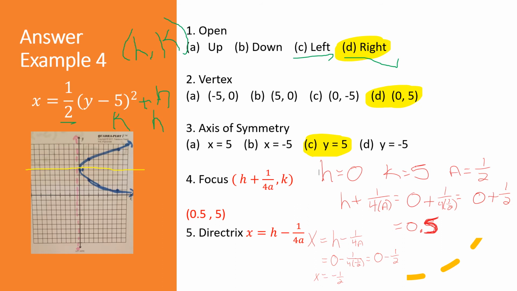Hopefully not. Again, you have to identify those basic things, h, k, and a, and basically plug into the formula. I get 0.5 for the x value, and then k is just 5. The directrix is x equals -1/2. Next slide.